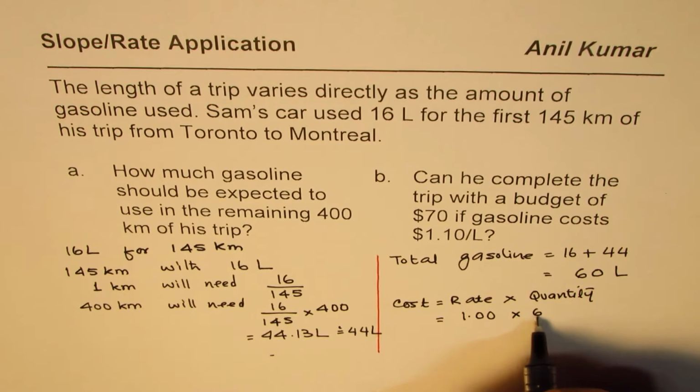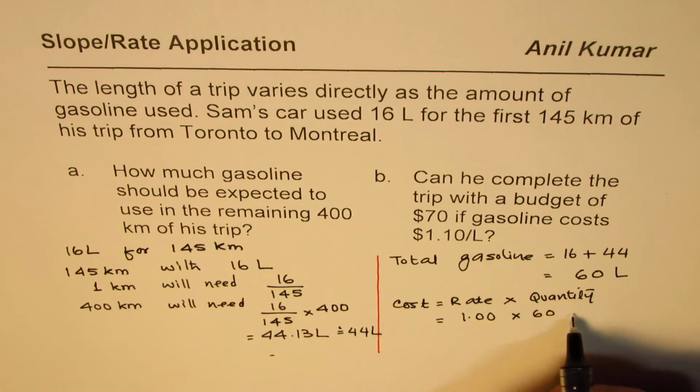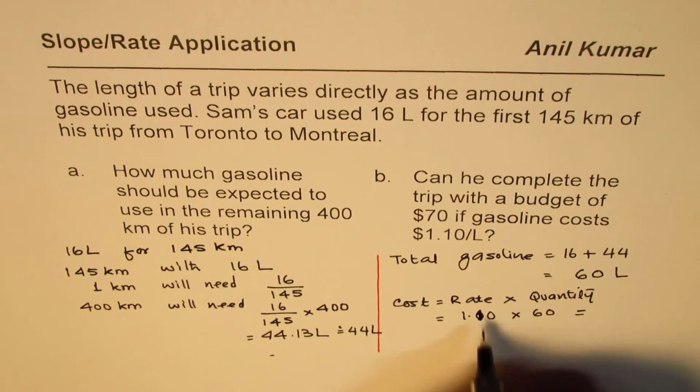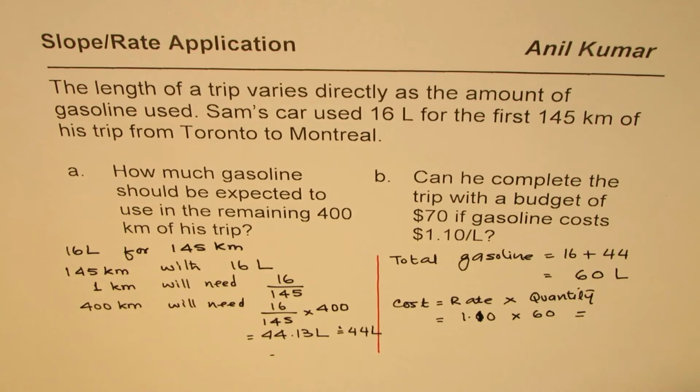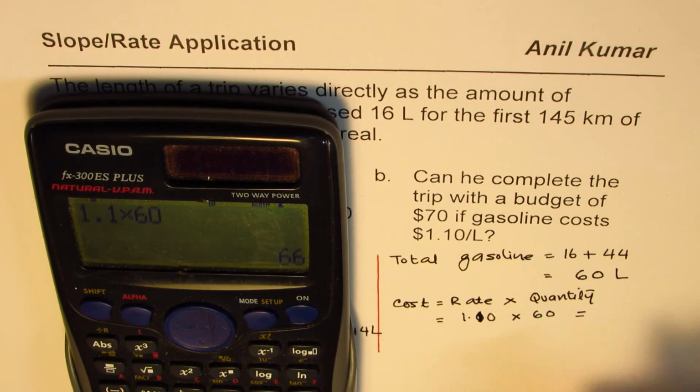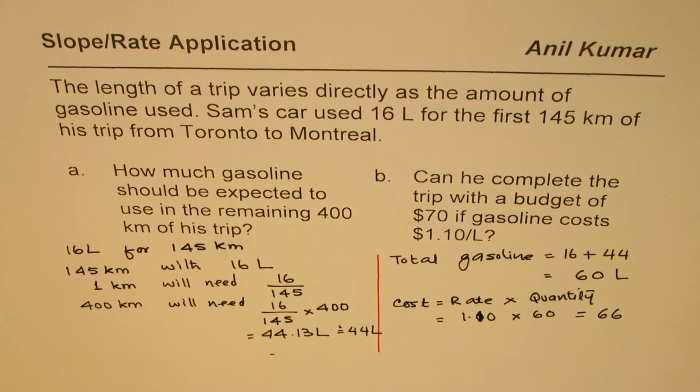We'll multiply this by 60 liters and we'll get the amount, right? 1.10, so let me make this as 1.1. So let's multiply. 1.1 times 60 is 66, right? So that gives us $66.